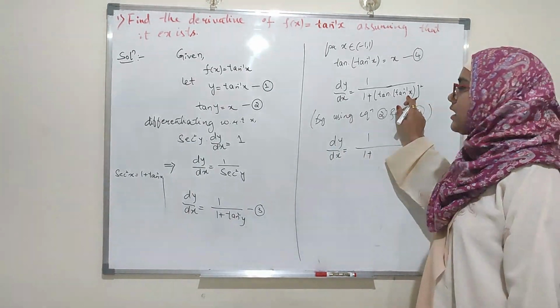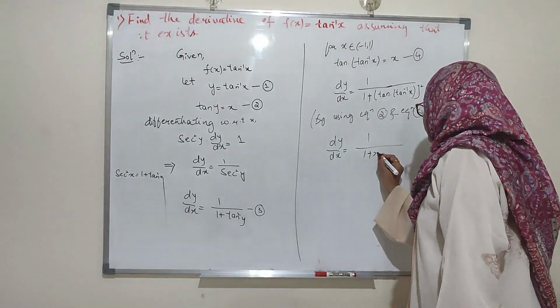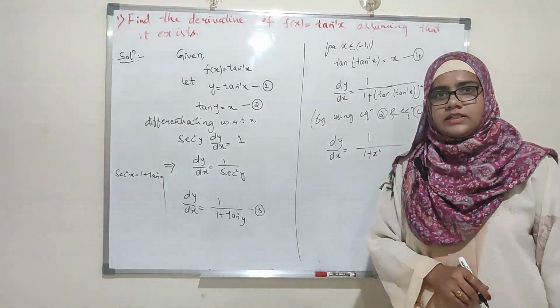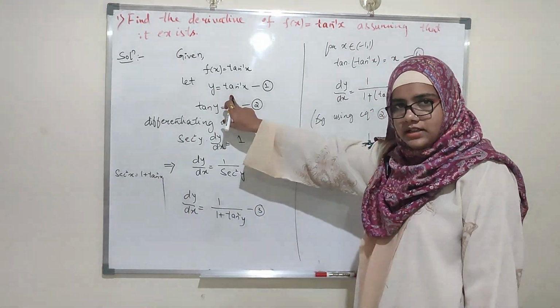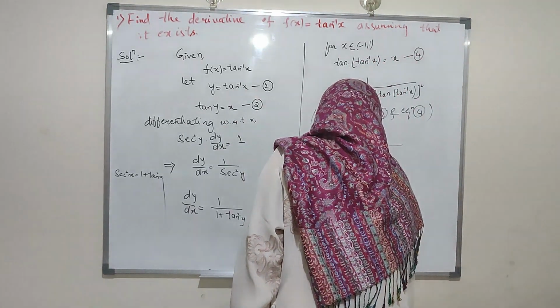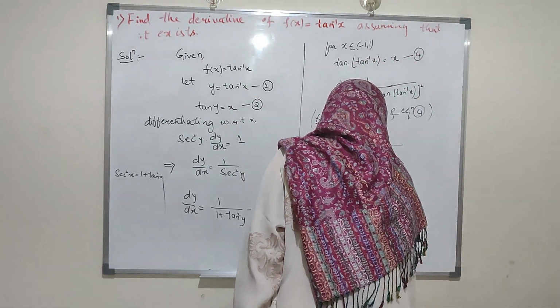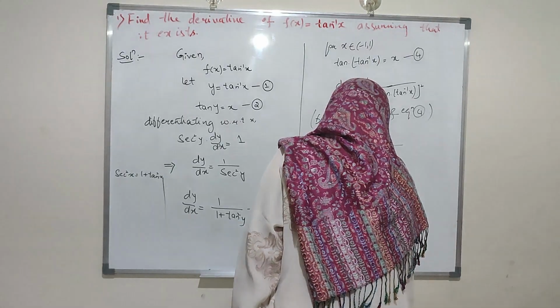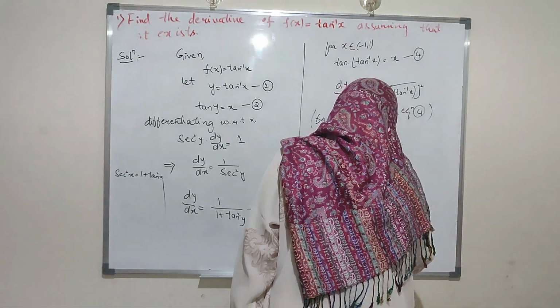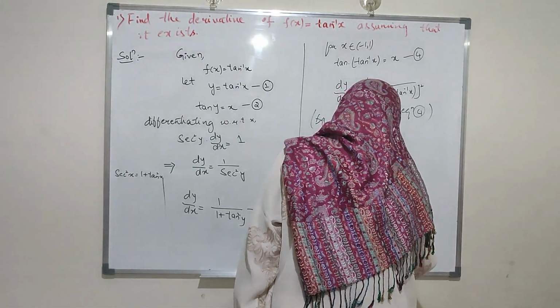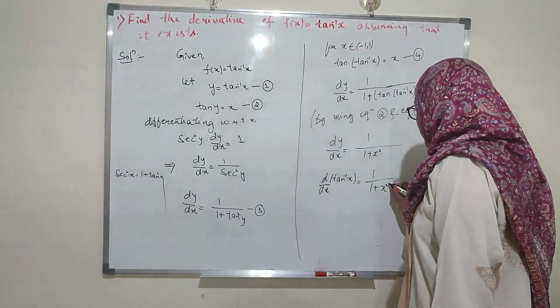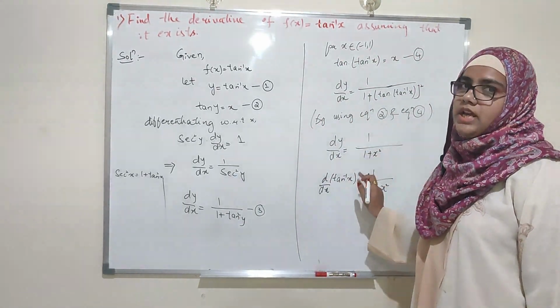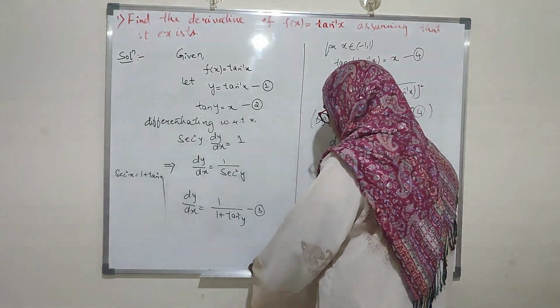What is remaining? x, so x square. So dy by dx is equal to 1 by 1 plus x square. Here y is tan inverse of x, so the differentiation of tan inverse of x is 1 divided by 1 plus x square.